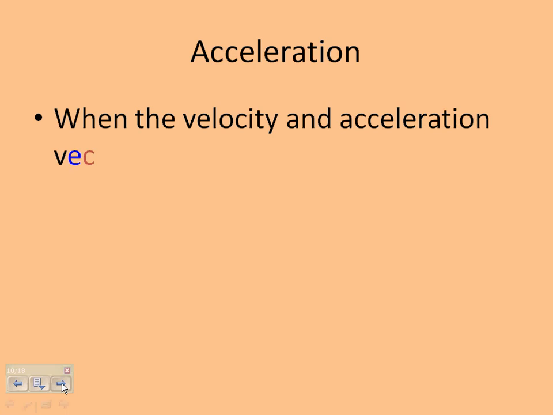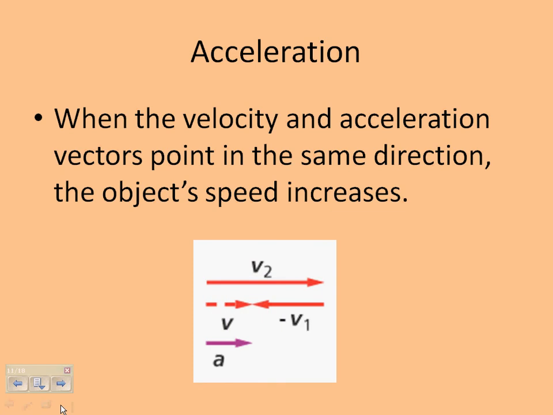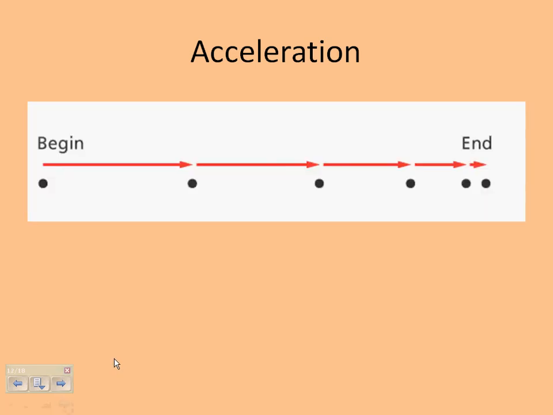So acceleration. When the velocity and acceleration vectors point in the same direction, the object's speed increases. When they're in the opposite direction, you're going to have a decreasing acceleration. Notice this one.